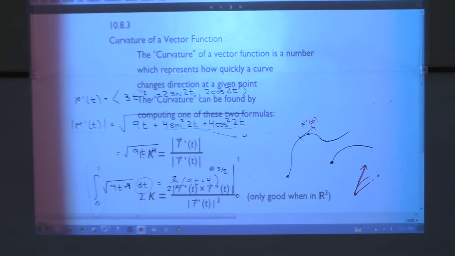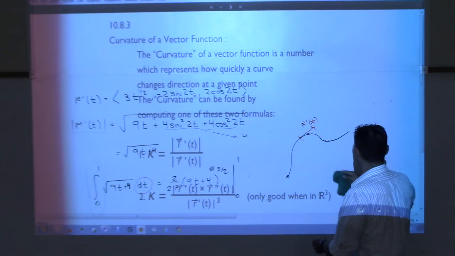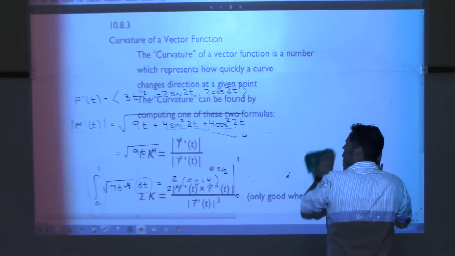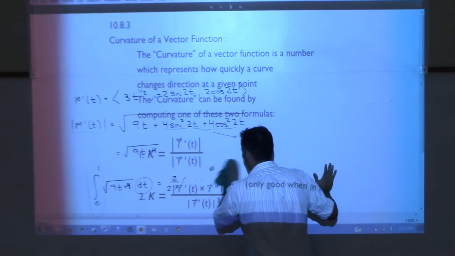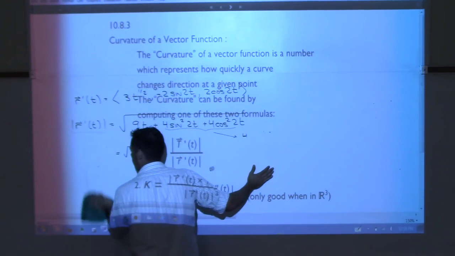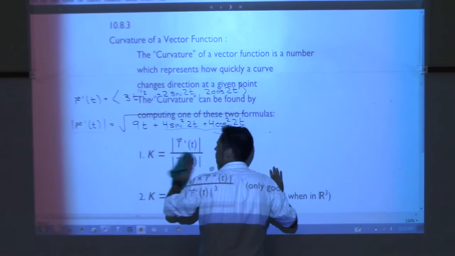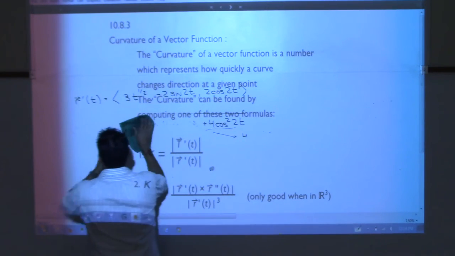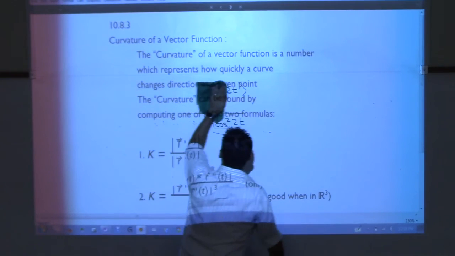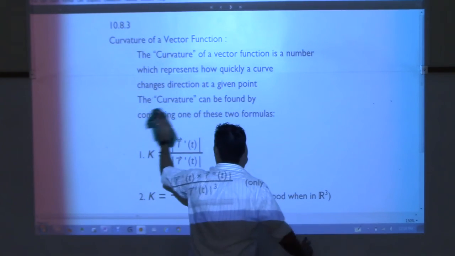All right, with vector functions, we have this idea of curvature. This is something we don't have in our normal functions, like f of x equals cosine x. This is only something we can really talk about in terms of vector functions.